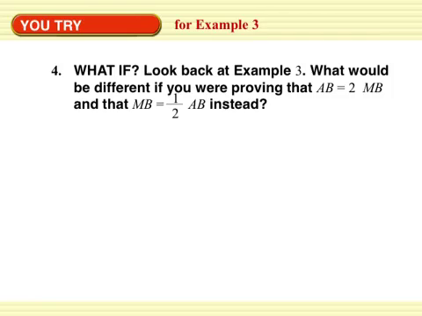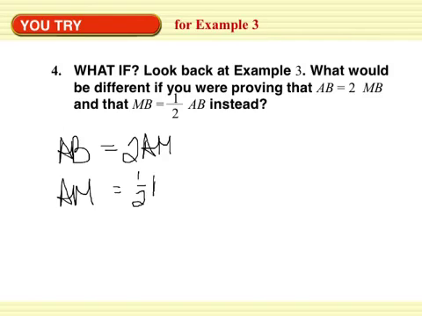You try. What if? Look back at example 3. What would be different if you were proving that AB equals 2 MB and MB equals 1/2 AB instead? So what we proved was AB equals 2AM and AM equals 1/2 AB.